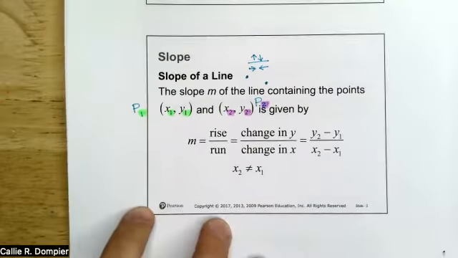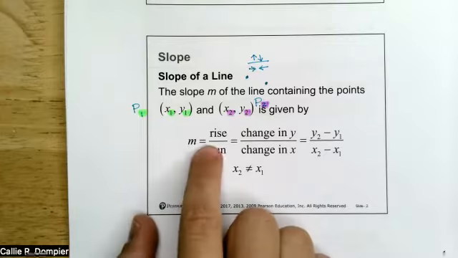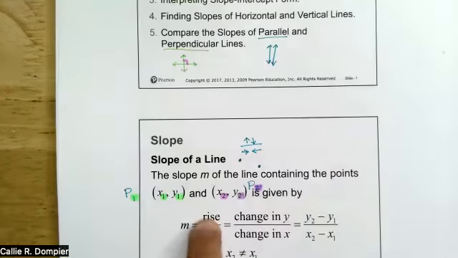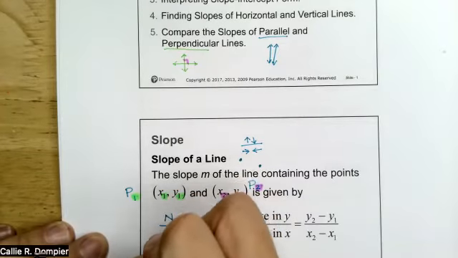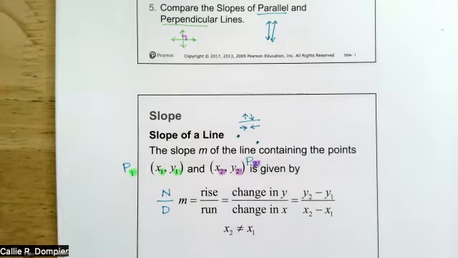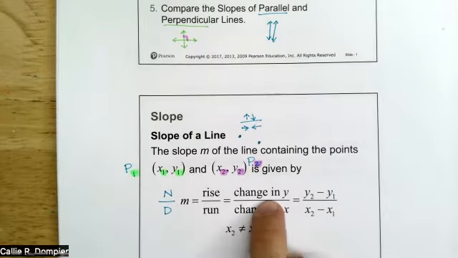Someone asked, sorry. All right, so it's often a fraction, and what is going to be on the numerator of the fraction? Remember, this is numerator and denominator, not super important, but I say those words a lot. The numerator is always your up or down, so the change in y. The denominator is always the change in x, so left or right.